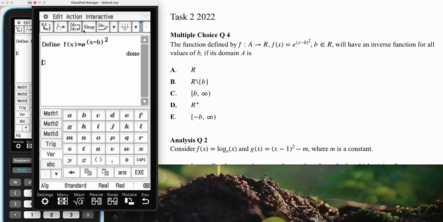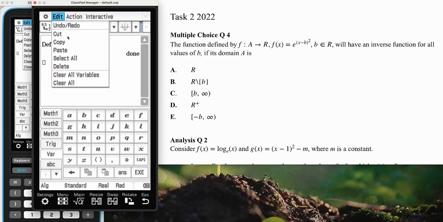You can put in a number, like 1, 2, 3, and sketch the graph. But I'm going to use the slider in this case. It's a good opportunity for us to learn how to use the slider. I'm defining it here because this is just normal practice for me. Whether I'm doing multiple choice or analysis question, I tend to define the function in case I need to access it later. In this case, I really only need this part.